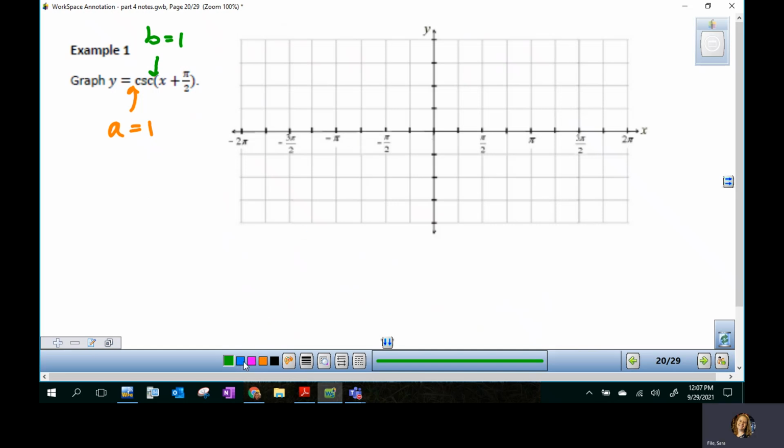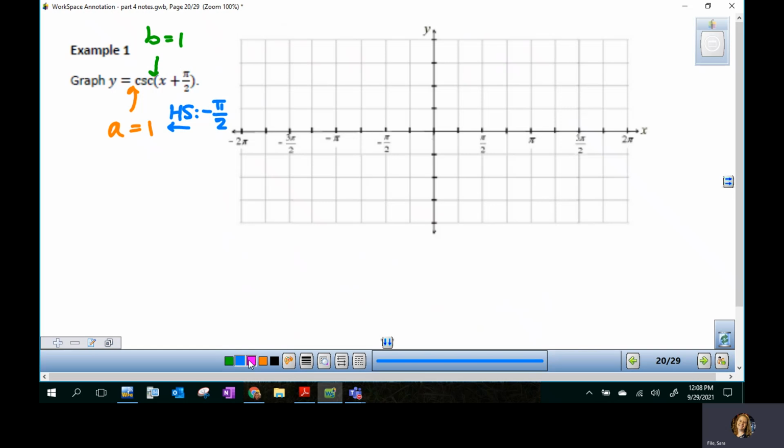Okay, but what is that plus pi/2 inside the parentheses with the x? What is that doing to the graph? That is a horizontal shift. What direction? Left. So it's the opposite sign that you see here. So the horizontal shift is actually negative pi/2. Okay, that means it's going to the left.